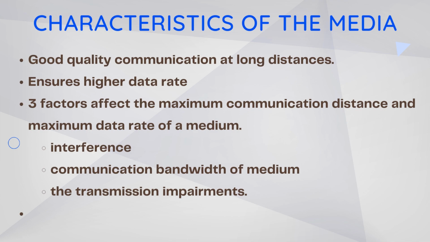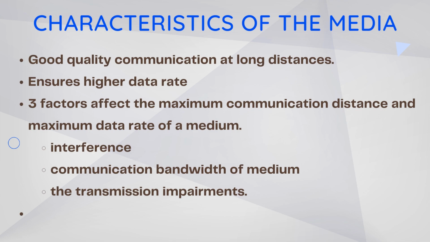There are some new words, so we'll see what those are. The interference is the distortion of the signal in the transmission due to unwanted signals from outside sources, noises, and all that. The bandwidth of the medium determines the signal frequencies.